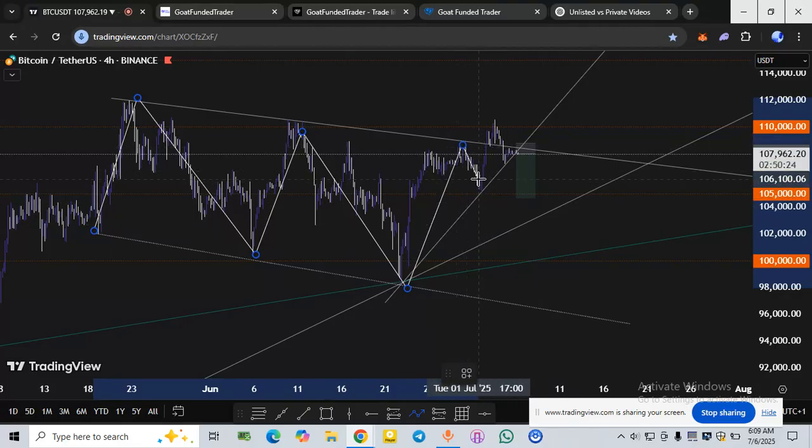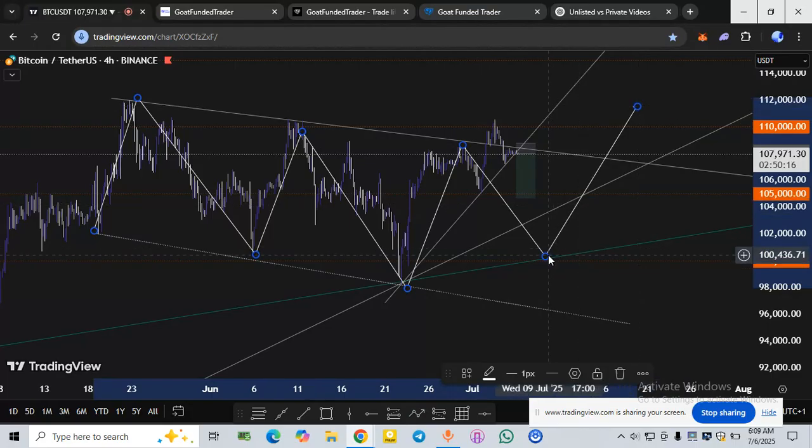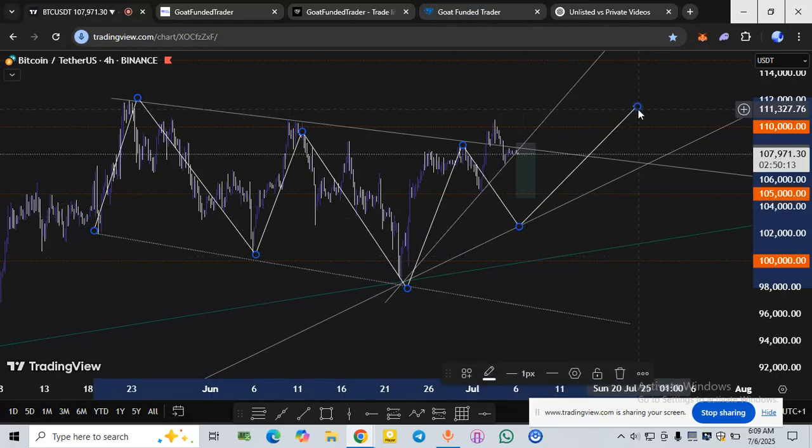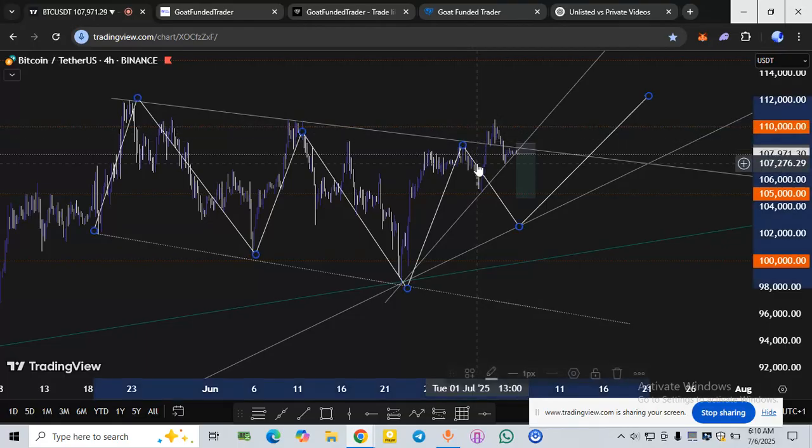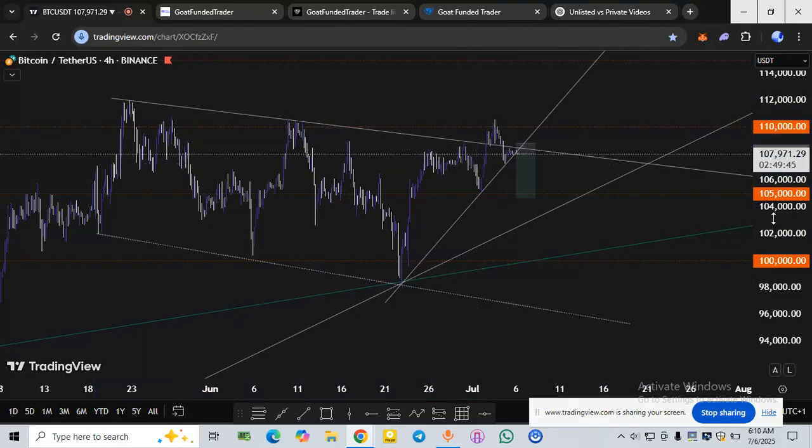It was either we see price rejecting from this level, back to this trend line, and we see a push to 112, or we see price manipulating out of this trend line, like taking out certain liquidity here, then pull it back into the channel. So these were actually the two major moves that I talked about in our previous analysis. Now let's see what happened and figure out what could happen next.